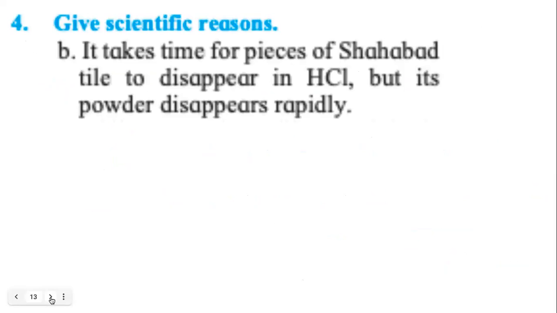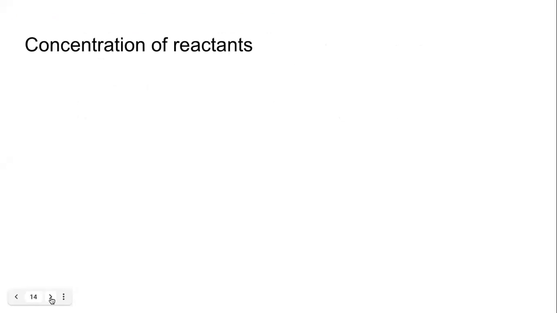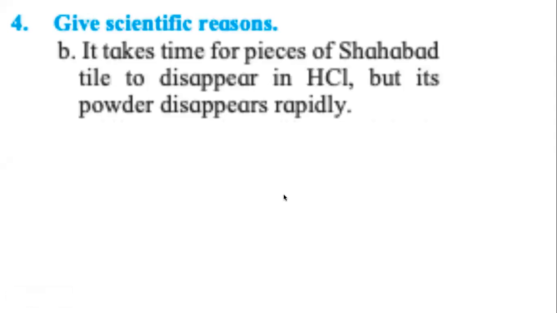Okay. Moving on to the next. It's a question actually, which is directly from the textbook. Do I need to explain how to write this answer? I think it is very clear.